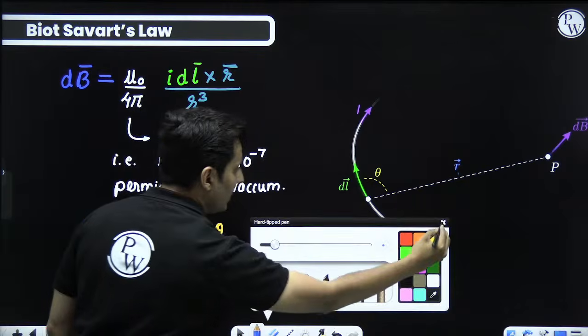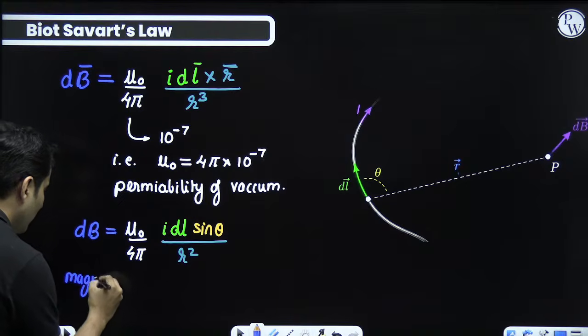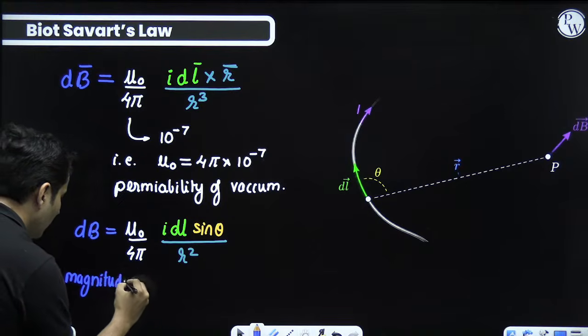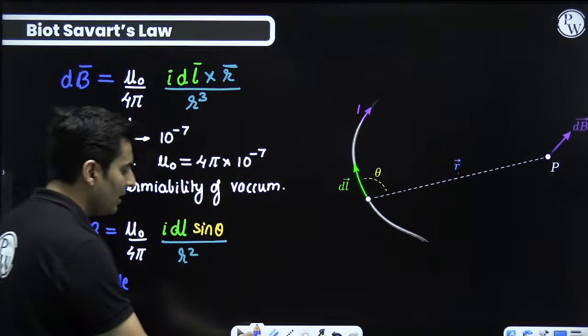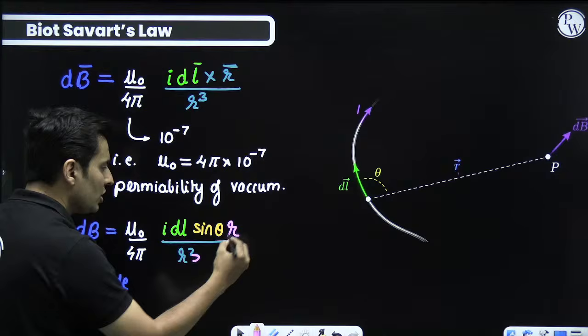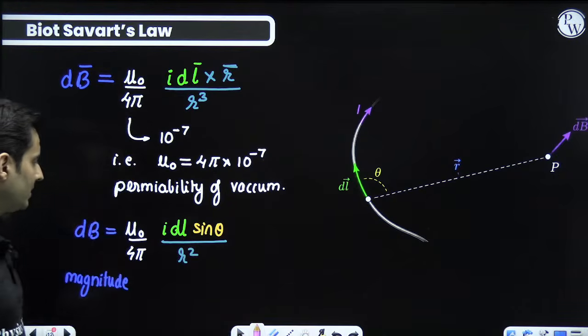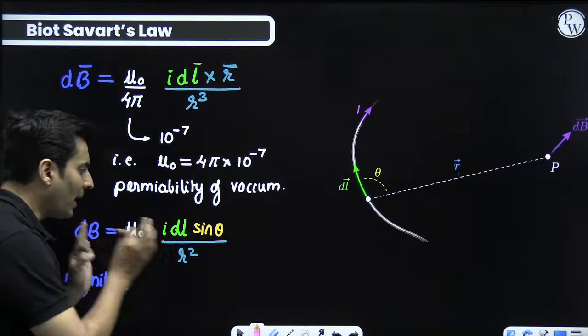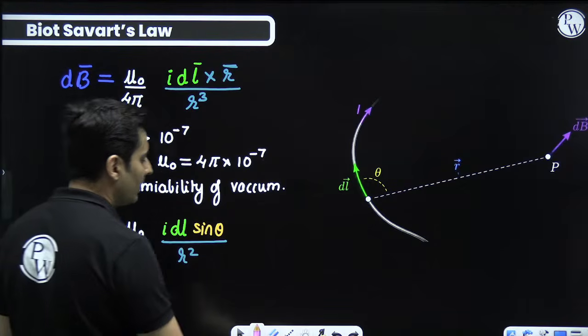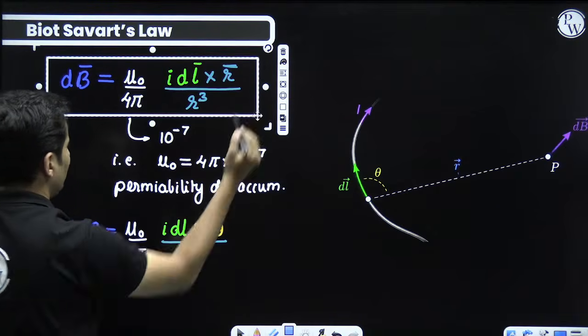So this then becomes only the magnitude. Notice how r cube has become r square. For those of you who did not get it, if r was there, this would be cube. So if I cancel out one r, it will become square. Is that making sense? So that is why this is the magnitude of the field due to that particular element. But that's okay. We will always remember this one.